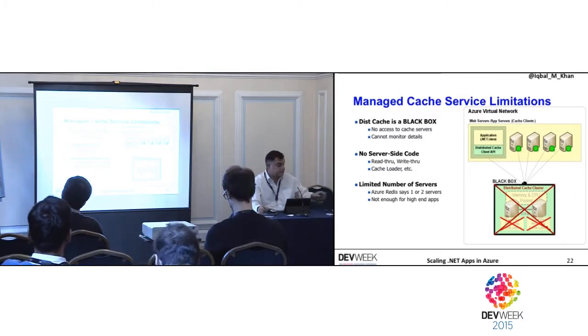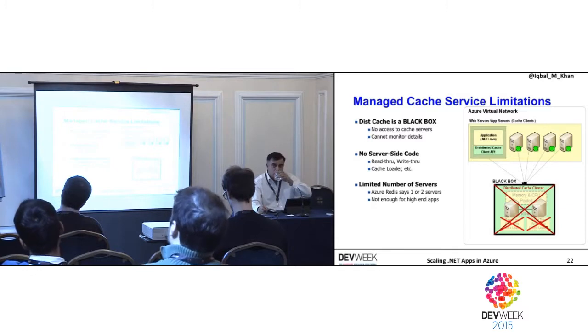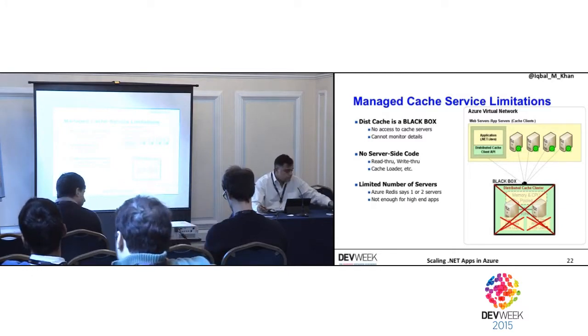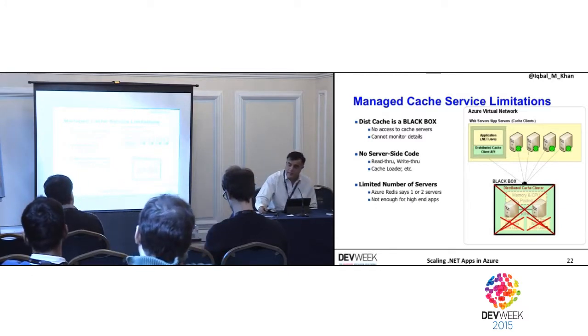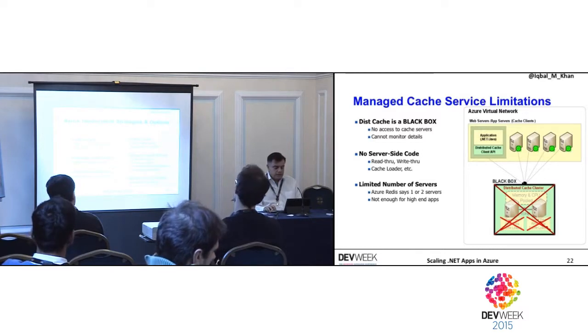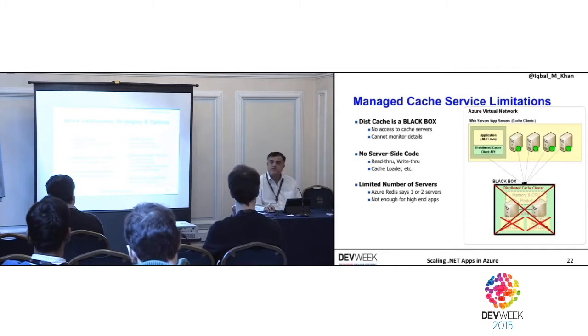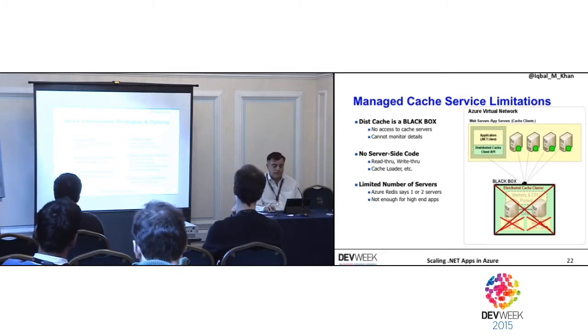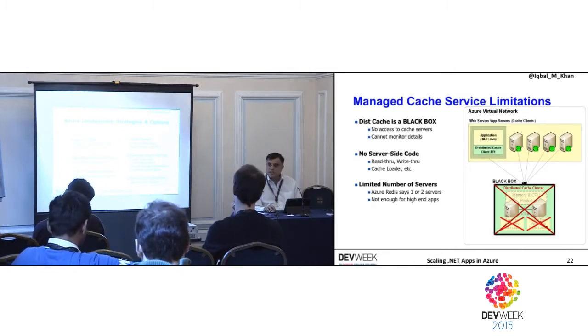Go ahead. Do you use different clients? For instance, the VM Redis or the managed Redis is a different VM, and from the web app. Actually, what Microsoft gives you, Redis is only available as a managed cache service from them. And so is the Azure cache.